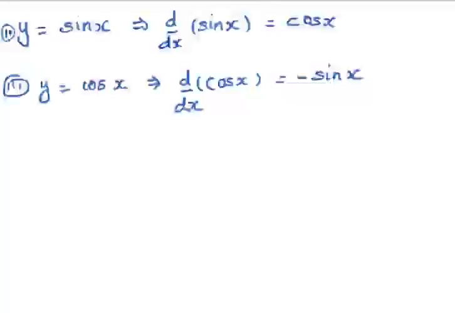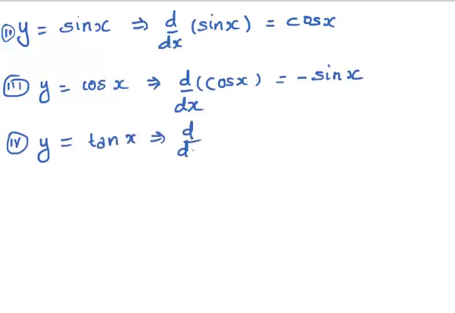Right now you need to memorize these formulas as they come and use them directly. Suppose the function is y equal to tan x, then the differentiation of tan x with respect to x, you must remember, is equal to sec square x.